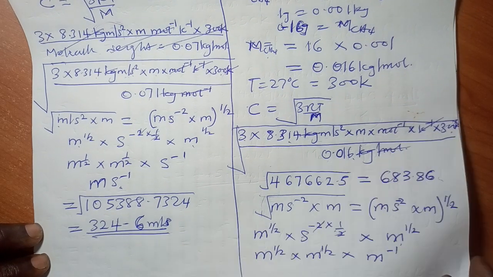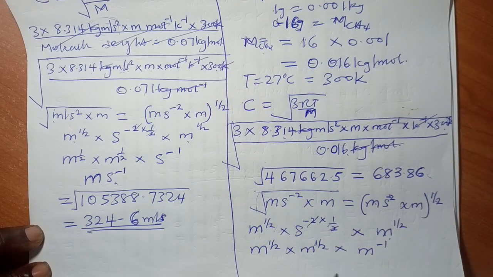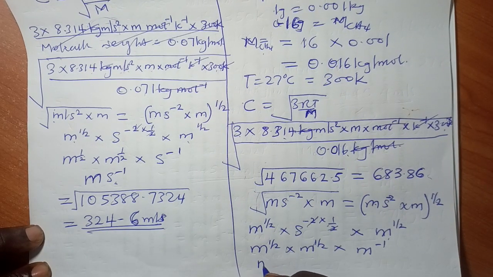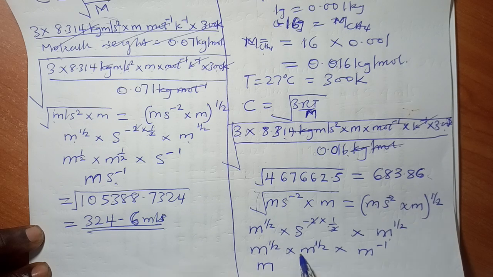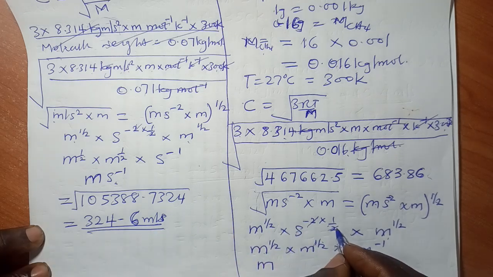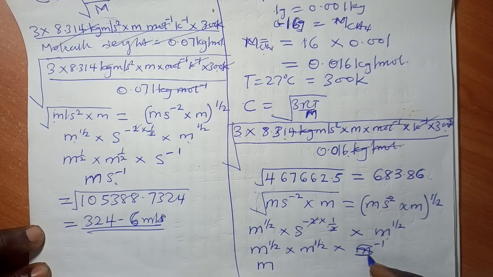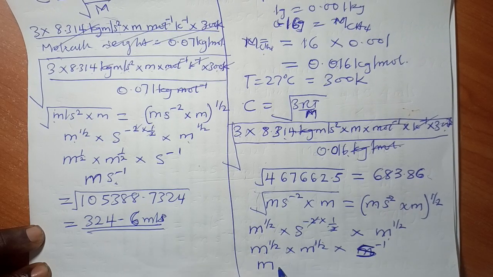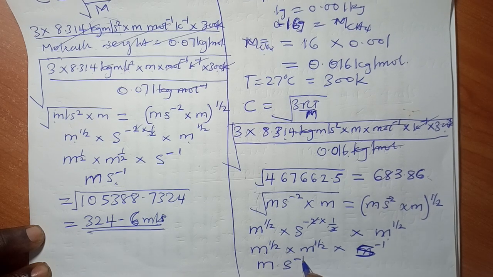In that case, you take m in indices: half plus half will give you 1, then this gives you s, so you have meter per second.